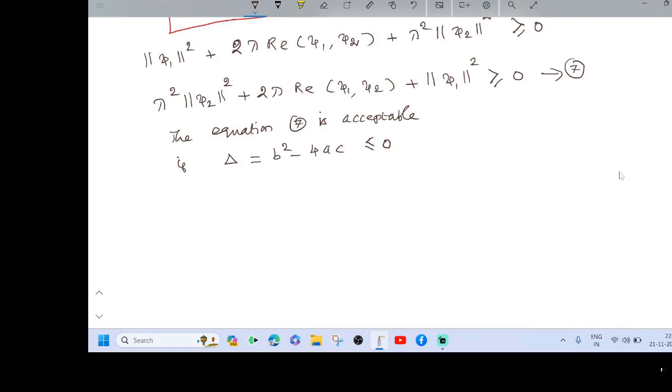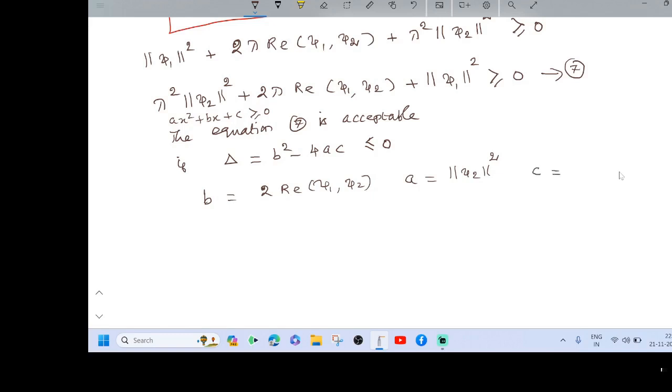If it is the case, see here, this is in the form of ax square plus bx plus c greater than or equal to 0. Here b is 2 times real part of psi 1 comma psi 2. This is b. A is norm square of psi 2.